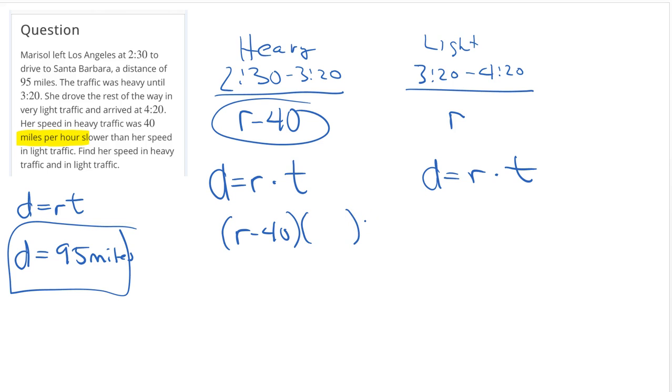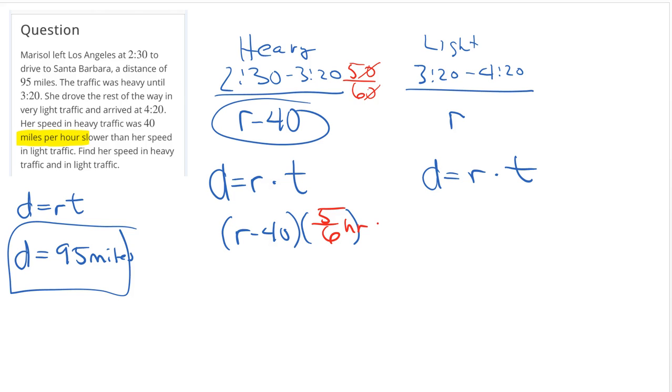Minutes is just not going to cut it. So we're talking 50 minutes, but that's out of 60 minutes, which is an hour. So if I reduce this fraction, my time is 5/6 of an hour. I could see where that'd be a booger in the problem also.